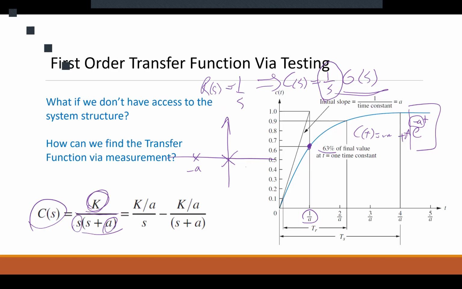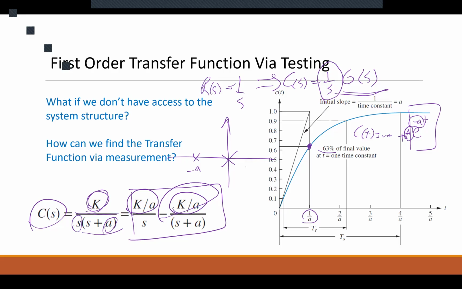If you separate these two terms, you are going to see that these separate to K over a over s minus K over a over s plus a. Very good. This minus K over a is going to be the coefficient of e to the power of minus at, and K over a is going to be the forced response, or the steady state, of my system.